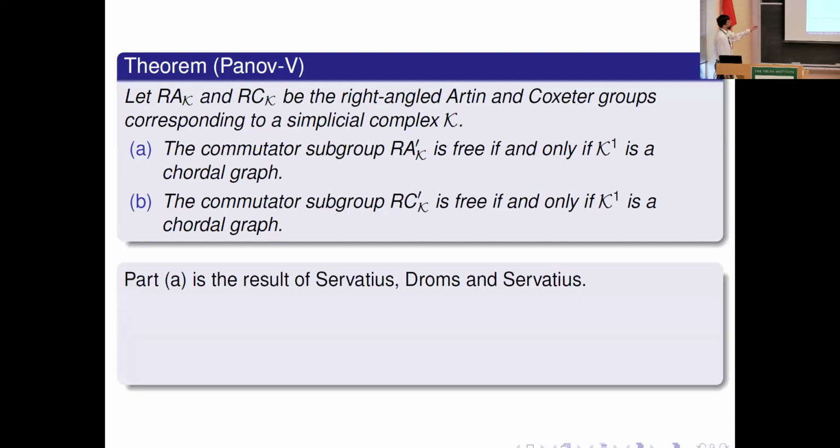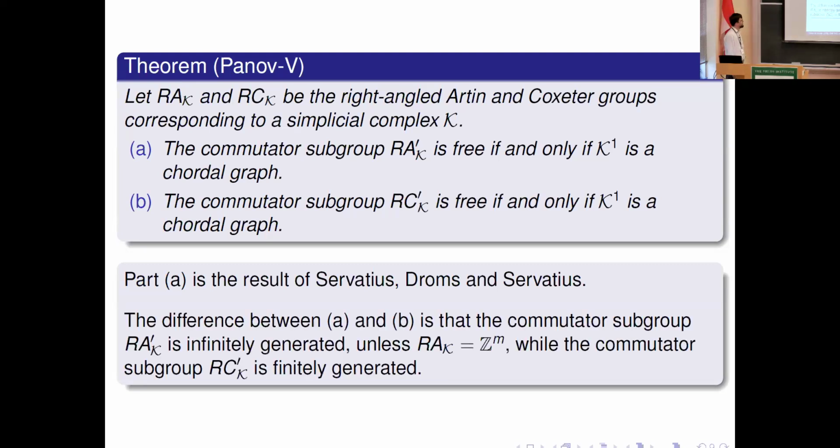Part A is the result of Servatius, Droms, and Servatius. And the difference between A and B is that the commutator subgroup of the right-angled Artin group is infinitely generated, while the commutator subgroup of the right-angled Coxeter group is finitely generated.